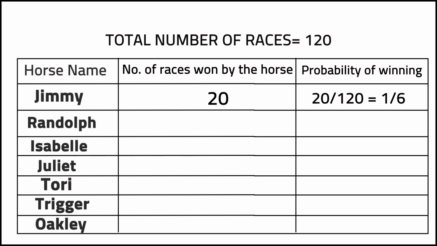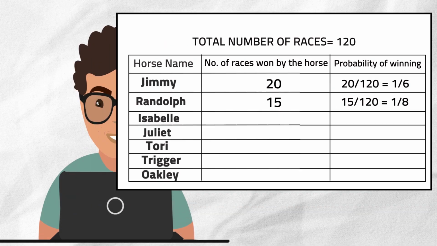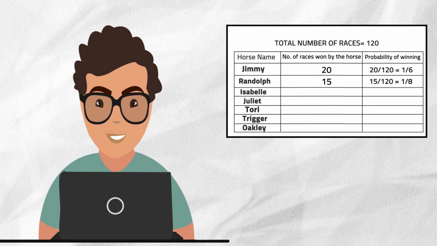The same goes for Randolph. The number of races won by Randolph are 15. The probability of winning would be 15 upon 120, which is equal to 1 by 8 in the case of Randolph. Richard quickly starts recalculating the probability of Isabel winning based on the updated data.